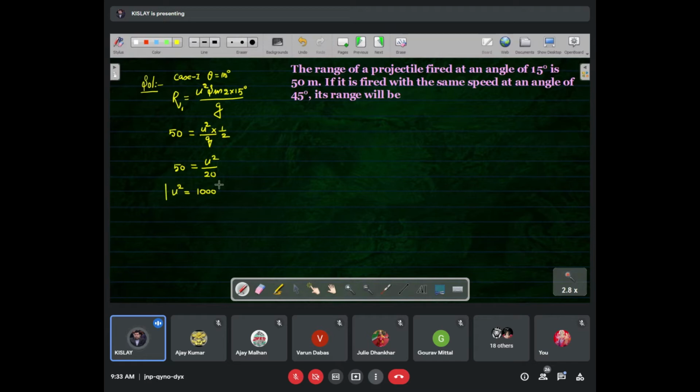We got u square. No need to find u because we have to use u square in the next term also. Case 2.